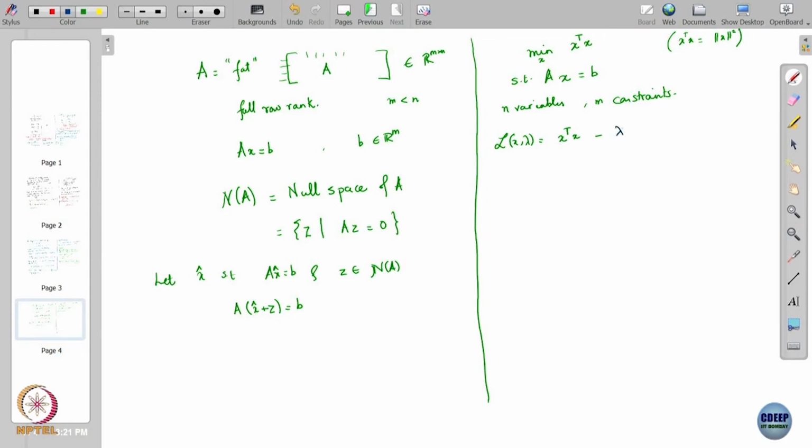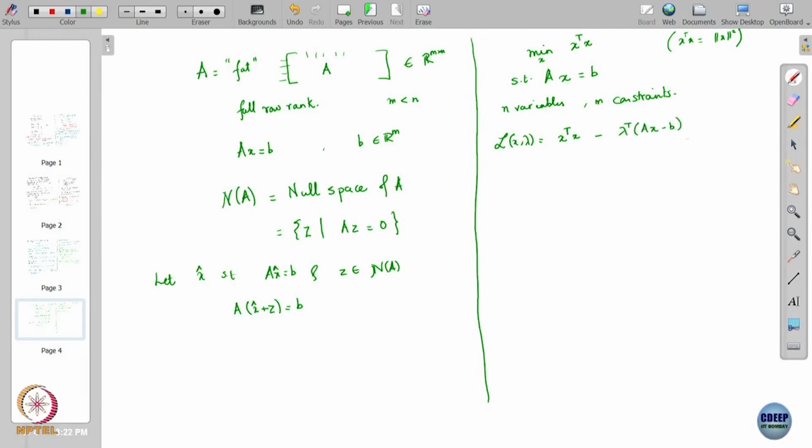I can write it as, for my problem, x transpose x minus, now let lambda be your Lagrange multiplier vector, and I will write lambda transpose (Ax minus b).